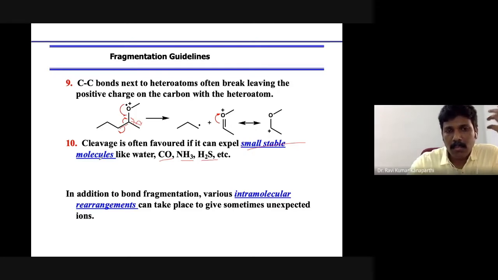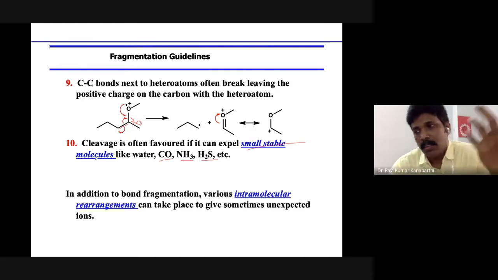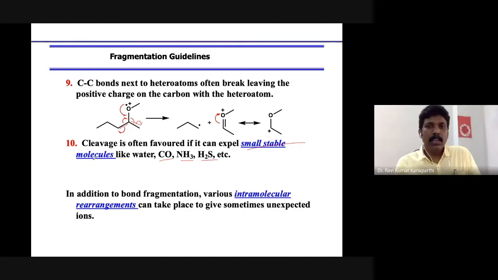In a molecule, suppose you have an alcohol, then there is a high chance that water can be eliminated, right? And if you have some kind of amines, then ammonia is a possibility. And if you have thiols, then H2S can liberate.